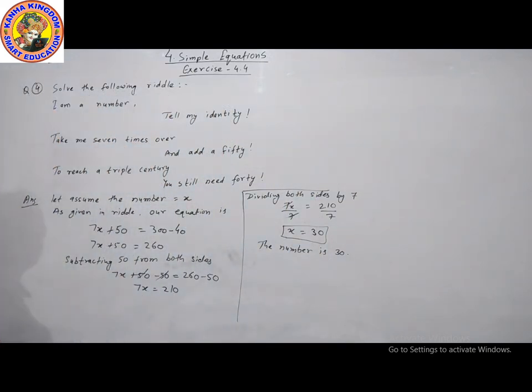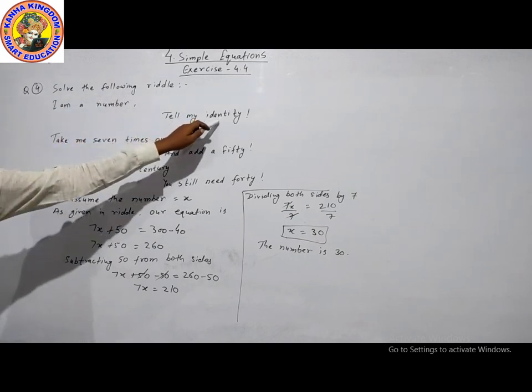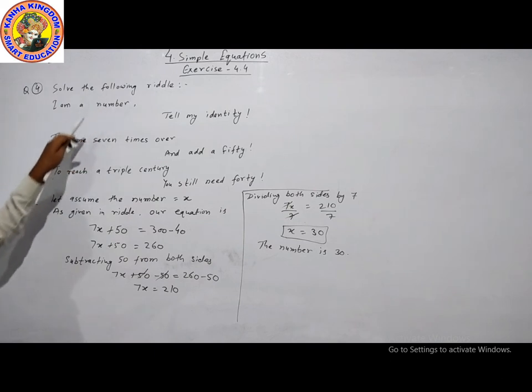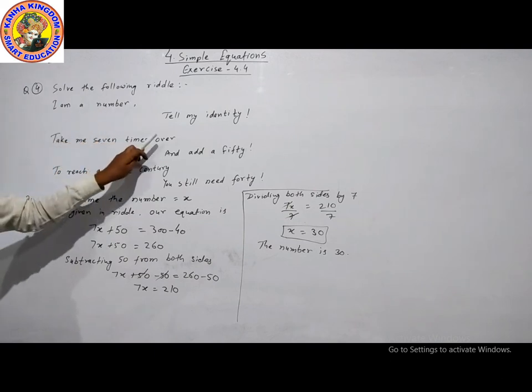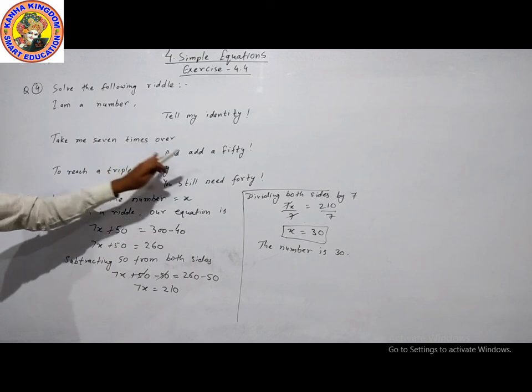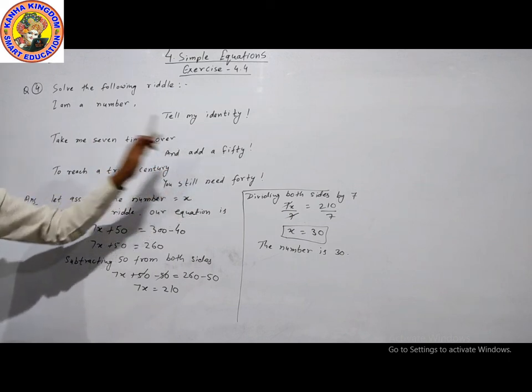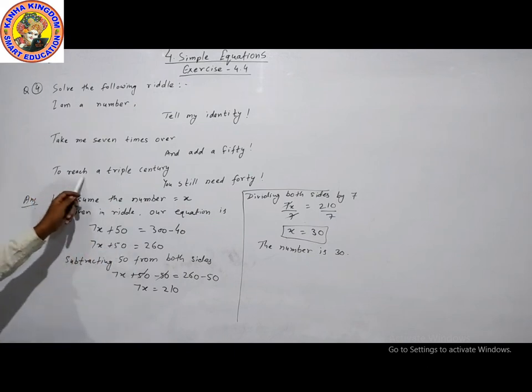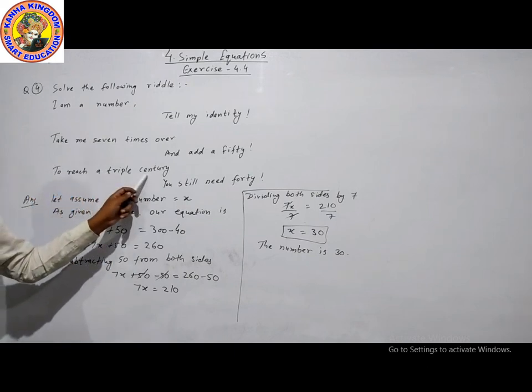Let's take it from the beginning of this question. Solve the following riddle. I am a number. Tell my identity. Let's assume the number is x. Take x 7 times, so this is 7x, and add 50. 7x plus 50 to reach the triple century, 300.